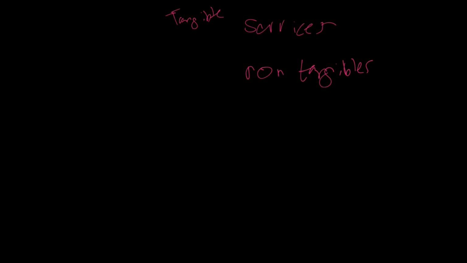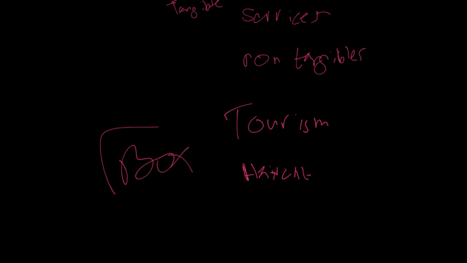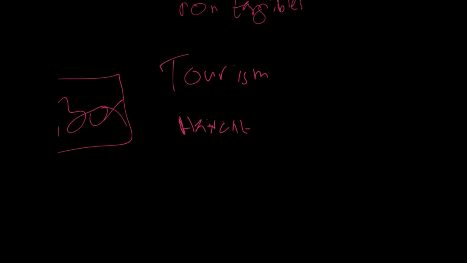For example, let's say tourism is a service. Getting a haircut from someone is a service as well, because obviously you can't really hold a haircut, unlike a box. You can hold a box, but you can't physically hold a haircut or tourism.